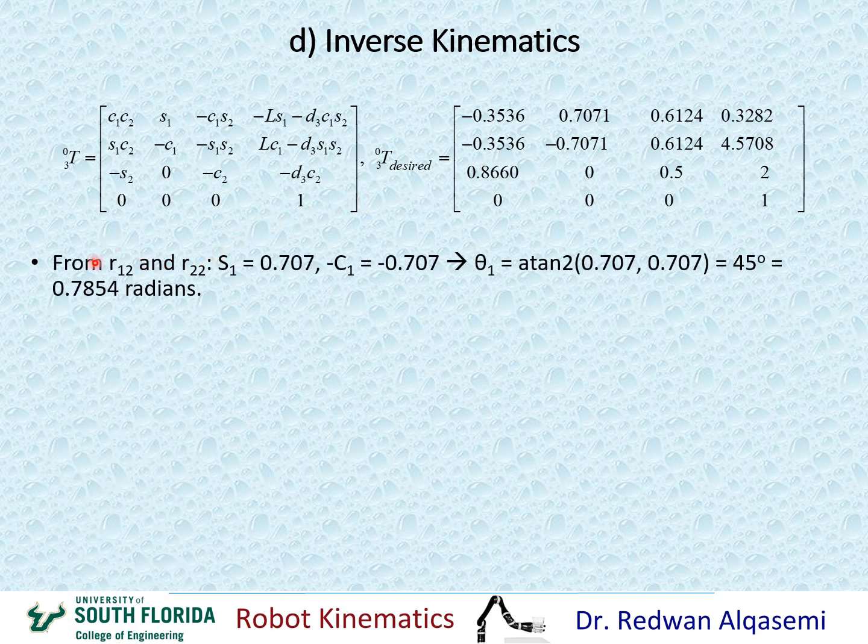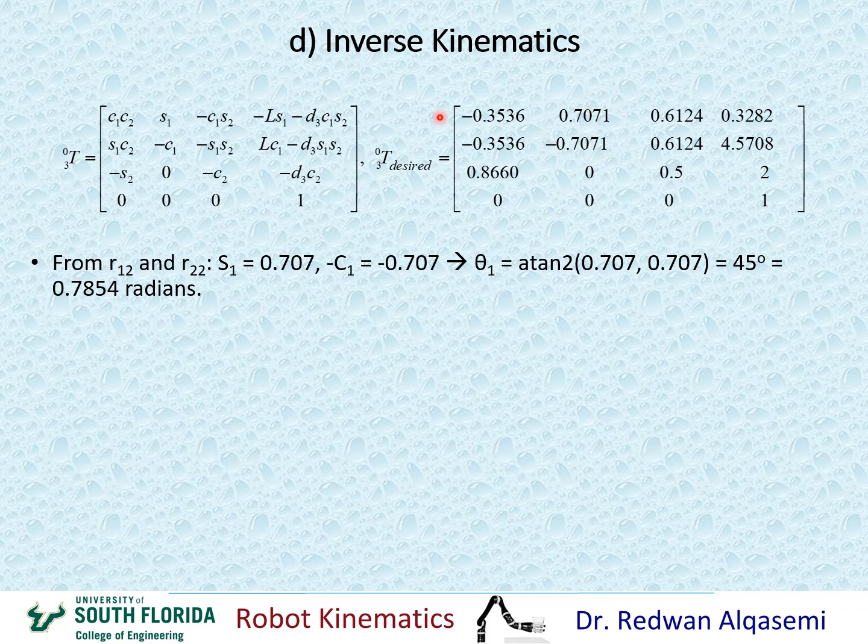I'm looking at R12 and R22, this element here and this element here. The reason I chose these is because both of these elements include only theta 1, so I don't have to worry about having other variables and having to get rid of them before finding theta 1. For these two elements, their equivalent here in this matrix are these two elements.